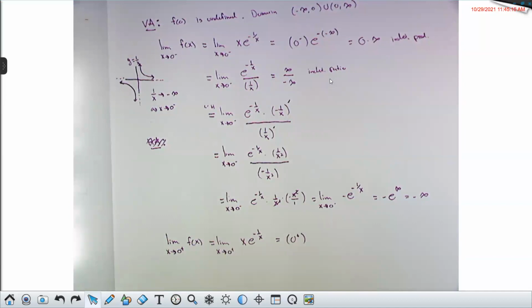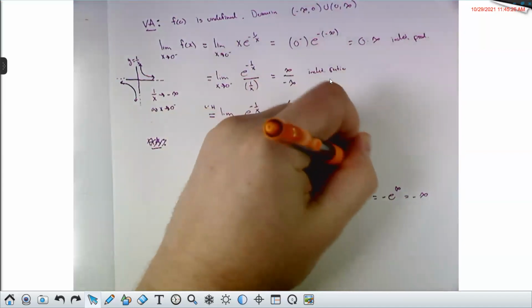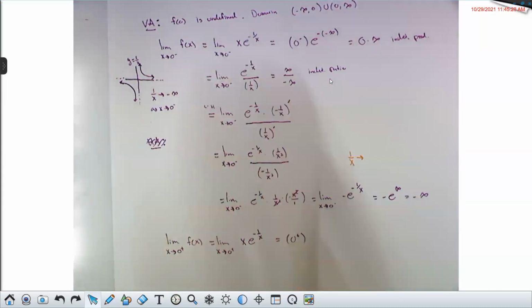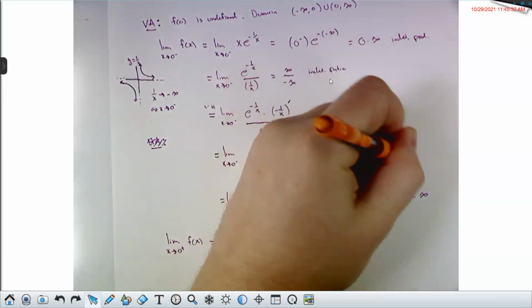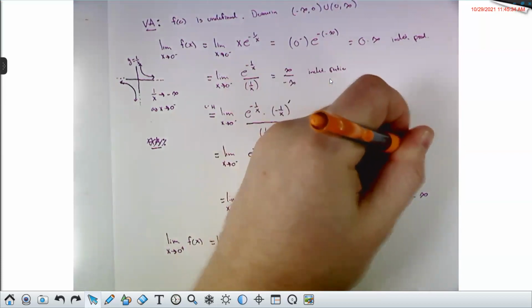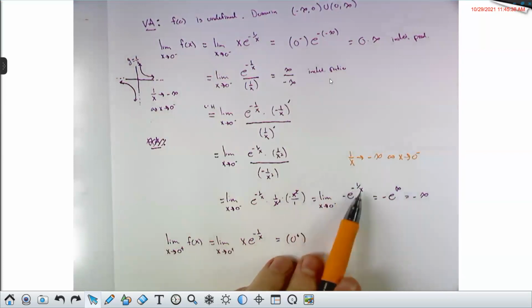Let me ask, where are we looking here? How negative e to the negative 1 over x. So this negative 1 over x, so 1 over x on its own is going to go to negative infinity as x goes to 0 minus. So this is negative infinity.